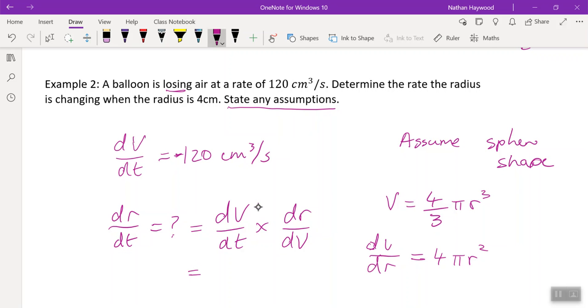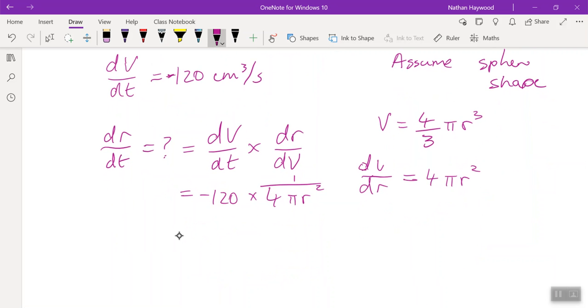So substitute this in. Oh, it has to be the inverse. Thank you for that pickup. 120 divided by 4, 30 over pi r squared is our dr dt rate of change.